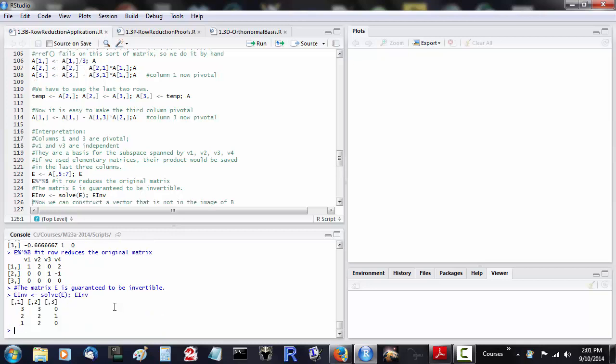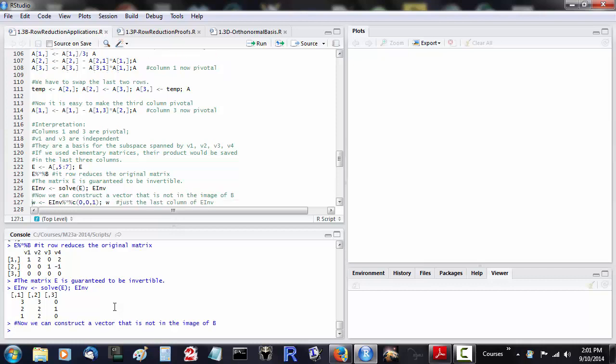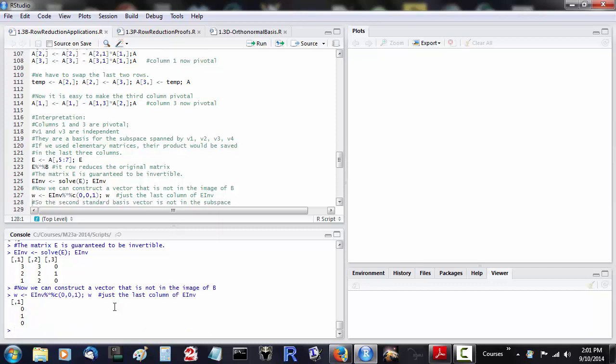The solve function will tell us the inverse if we want. And now, finally, we can construct a vector that's guaranteed not to be in the image of B. All we have to do is apply E inverse to the last standard basis vector, (0, 0, 1).